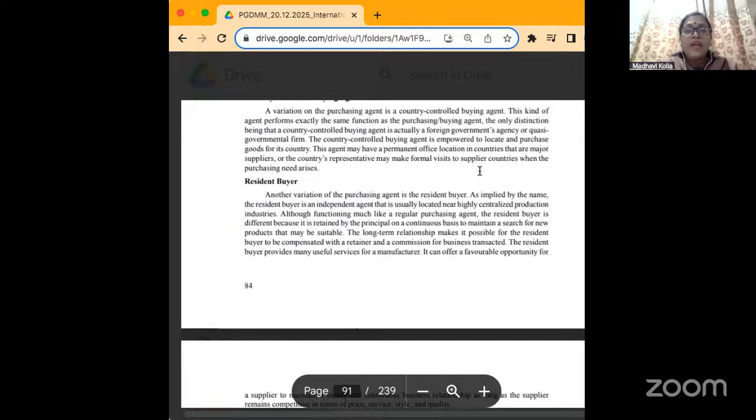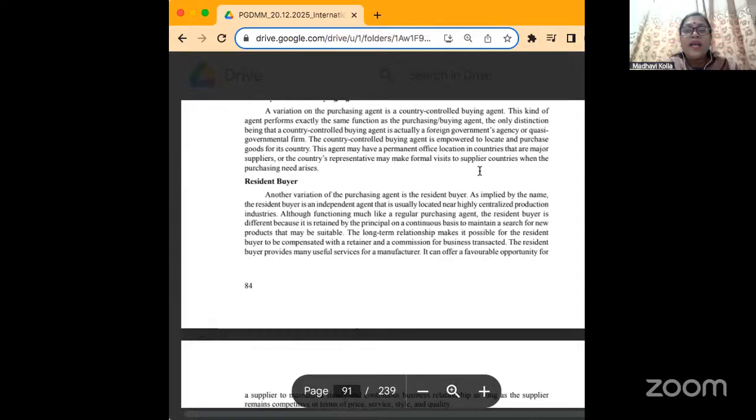So the next variation of purchasing agent, that is the resident buyer, is an independent agent that is usually located near the centralized production industries. Their functioning is that of a regular purchasing agent. However, the resident buyer is different. In what way?